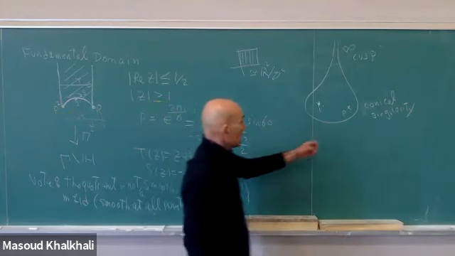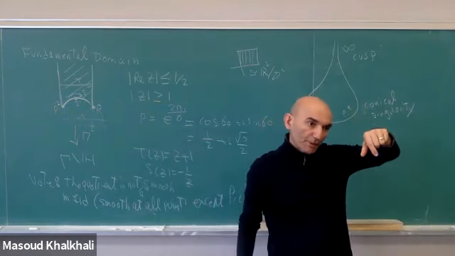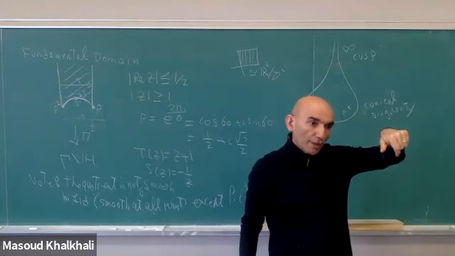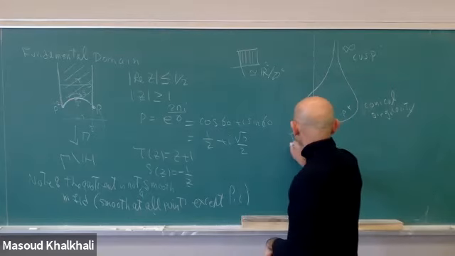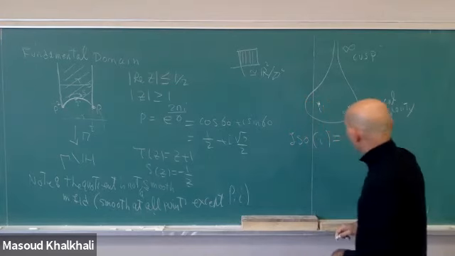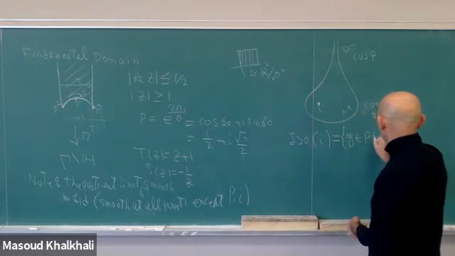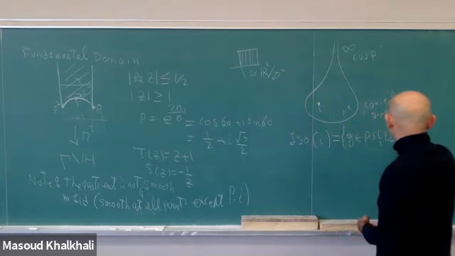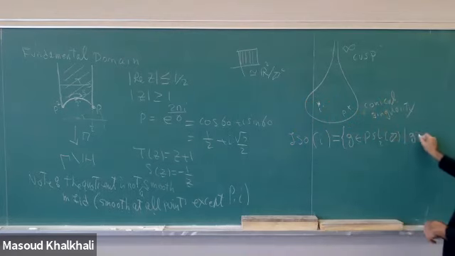The reason is that the action is not free at these points. If you look at the isotropy groups of rho and i, you get non-identity groups. So the isotropy group of i, what is it? This is the set of all g belonging to PSL(2,Z) such that g(i) is equal to i. We don't want non-identity elements to be there, but there are.